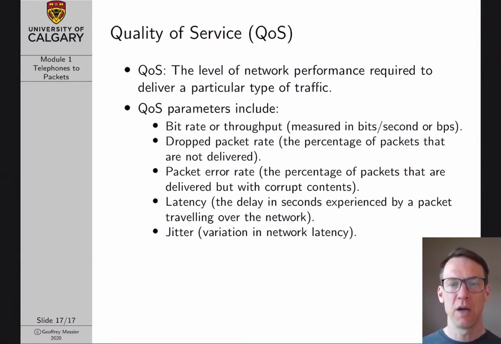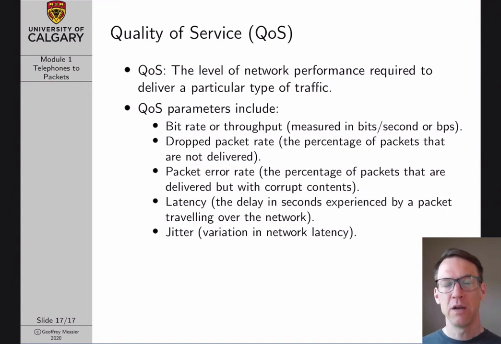Audio only Skype can go as low as 128 kilobits per second. The bitrate required by a sensor in a manufacturing facility may be down in the hundreds of bits per second. So there's a very broad range of required bandwidths or throughputs depending on the type of traffic that we're dealing with.